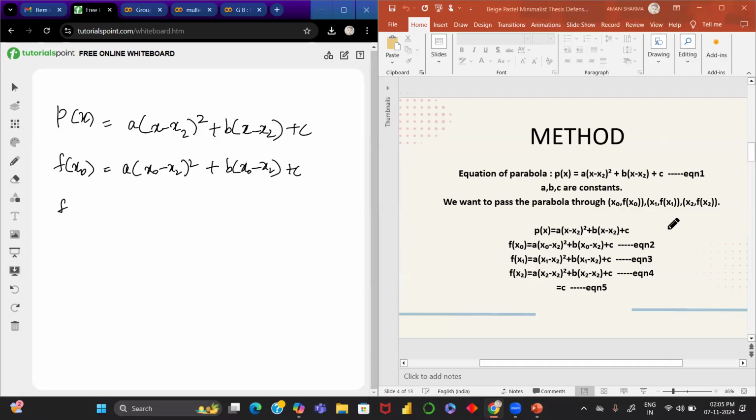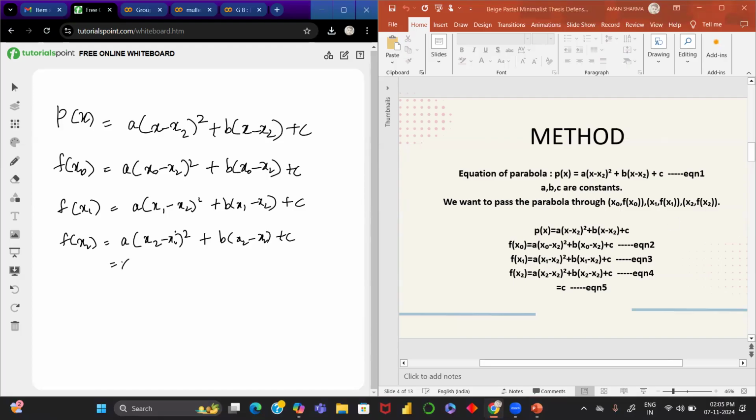Then the next point, x1, f(x1): f(x1) = a(x1 - x2)^2 + b(x1 - x2) + c. And f(x2) = a(x2 - x2)^2 + b(x2 - x2) + c, which is equal to c. So we get f(x0), f(x1) and f(x2).